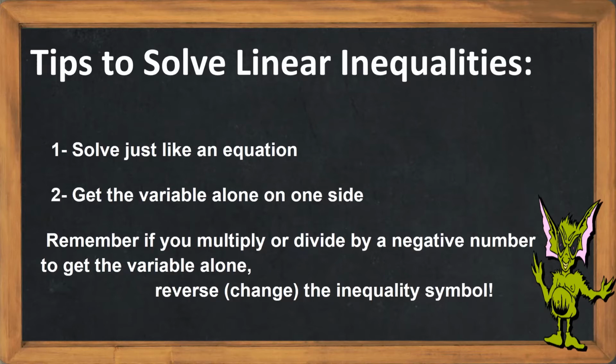If it's less than, it becomes greater than. You do this only when you divide or multiply by a negative number. I'm going to do a lot of examples about this, but you have to keep those steps in your mind. So you just solve as an equation, you get the variable alone on one side, and in case you multiply or divide by a negative number, you have to reverse the inequality symbol.